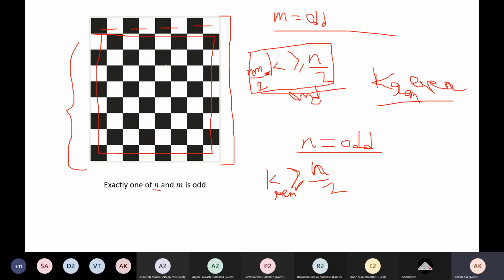In case of m odd, you need to cover one row so that the rest becomes even cross even. To cover the whole row with vertical dominoes, you need at least n by 2 dominoes, right? Yes, sir. And the remaining will be even cross even. That's all.